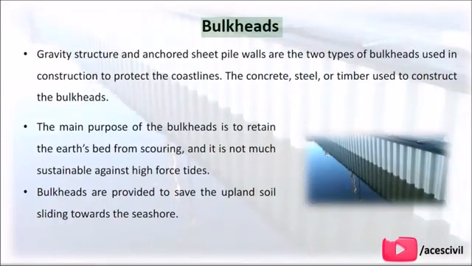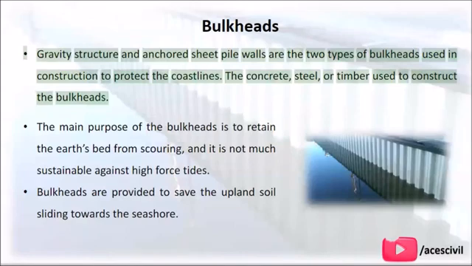Bulkheads. Gravity structure and anchored sheet pile walls are the two types of bulkheads used in construction to protect the coastlines. Concrete, steel, or timber is used to construct the bulkheads.